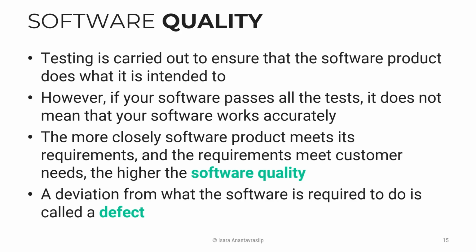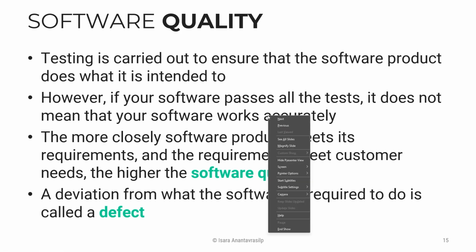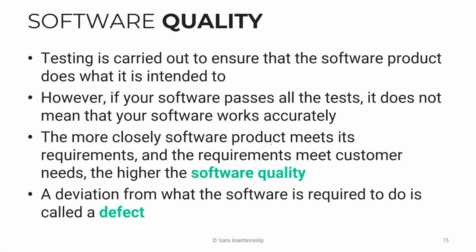So in that case, the software is said to have low quality. The more closely the product meets its requirements and the requirements the customer needs, the higher the software quality. But see, there are two steps, and let me point out right here.